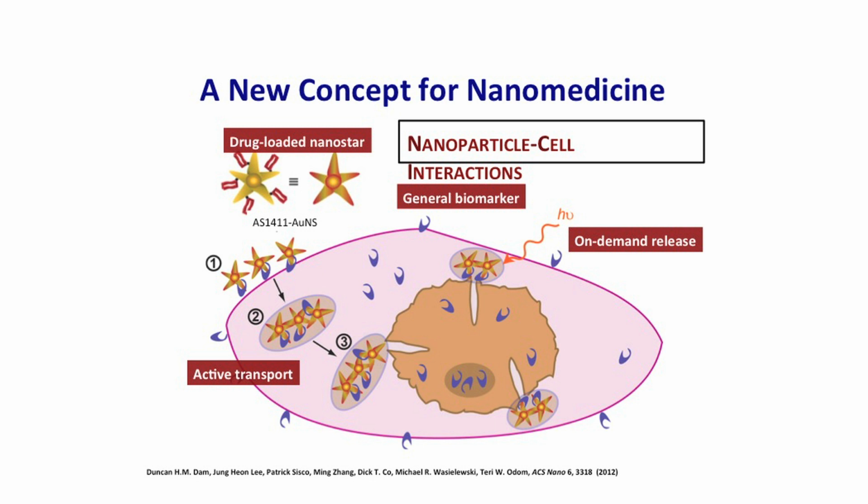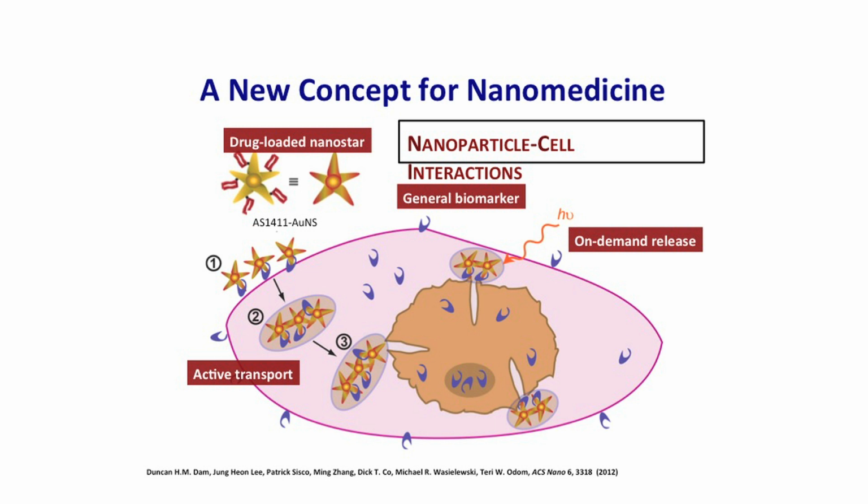What we're then interested in is taking advantage of a general biomarker that's overexpressed on many different cancer cell surfaces and have this guy bind to the general biomarker. The third thing is we'd like to be able to actively transport the construct once it's been targeted to the proper cell type and have it be delivered where we want.